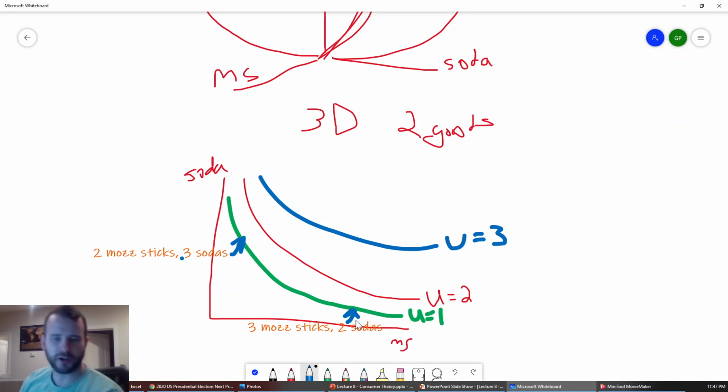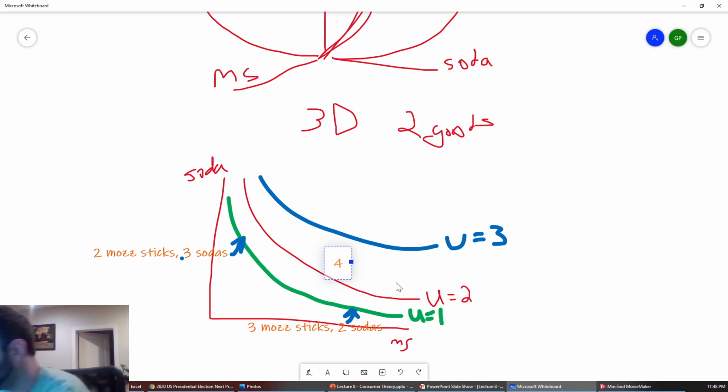But by virtue of being on this line here, you know that they had the same utility. So 3 mod sticks and 2 sodas gives you the same utility as 2 mod sticks and 3 sodas. The numbers are arbitrary. Just know that anything on this green line gives you utility 1.